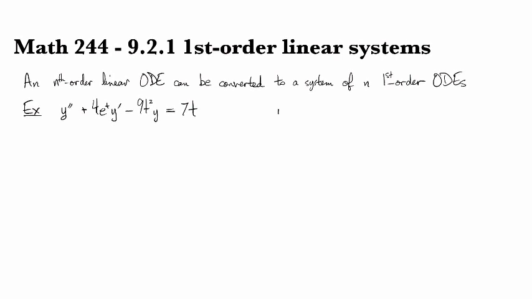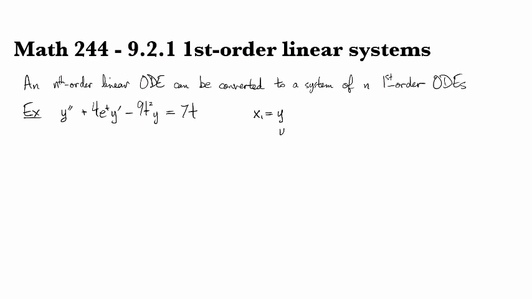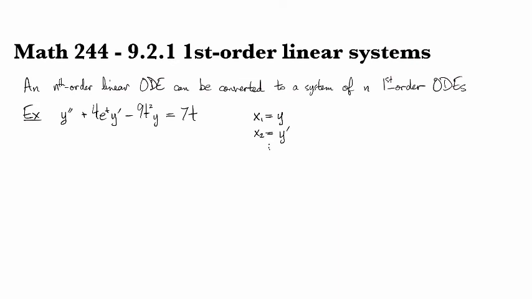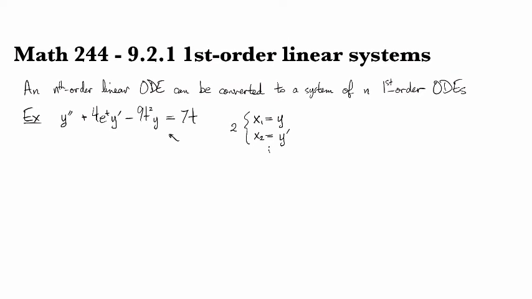We just look at the unknown function y, and we replace it with a new unknown function called x1, and then we replace y prime with x2, and so on and so forth. Now, for this one, since it's just a second order equation, I only need to have two variables here.